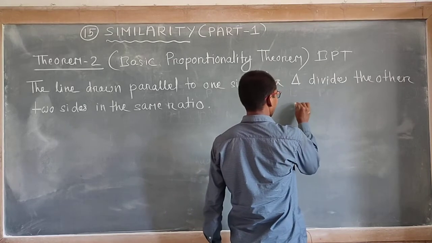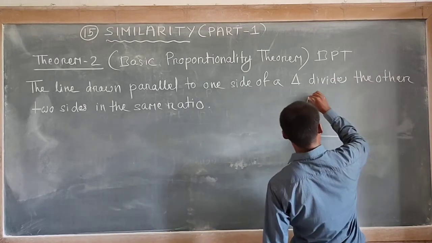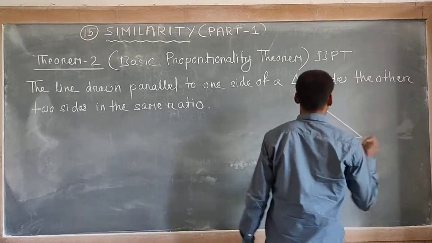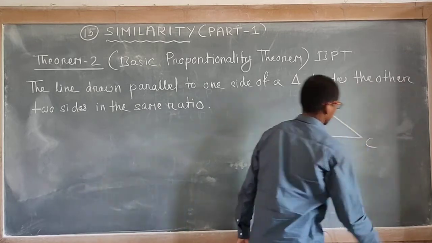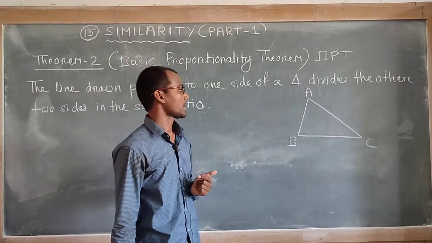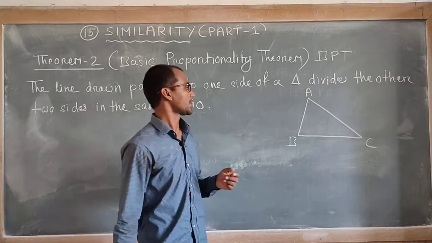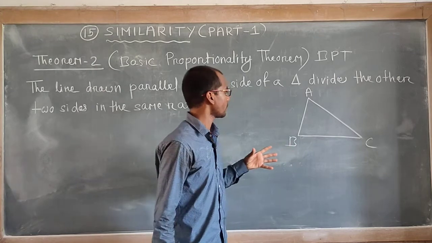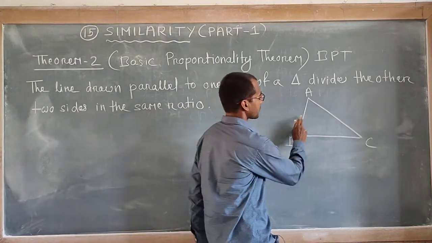That means suppose we have a triangle ABC. Now suppose you draw a line parallel to any of the three sides. Suppose I draw a line parallel to BC to intersect these two sides.